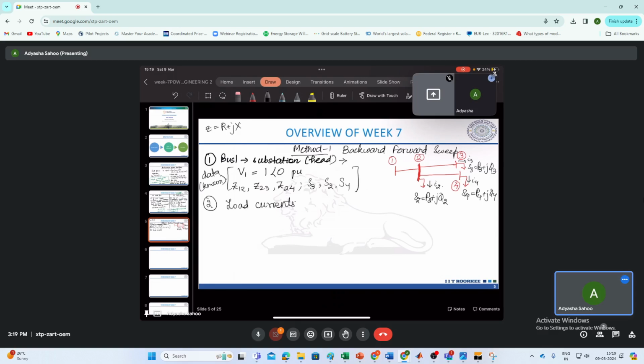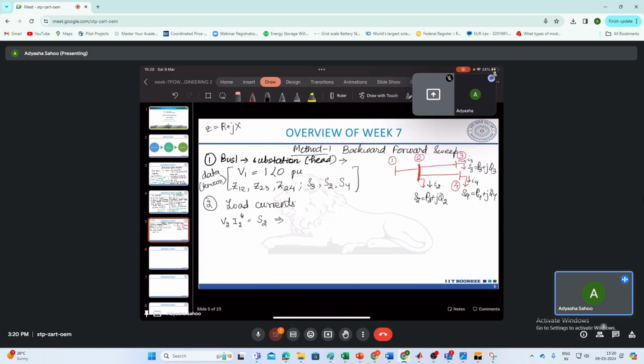So basically this I2, you know that V2 into I2 conjugate you get as S2.